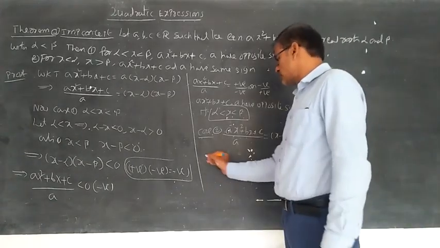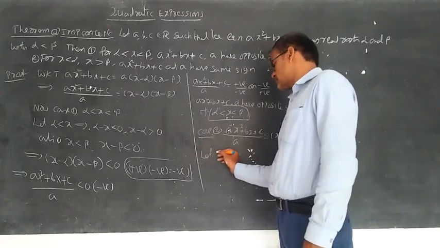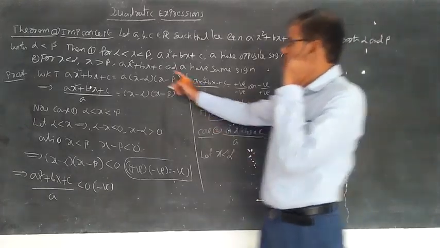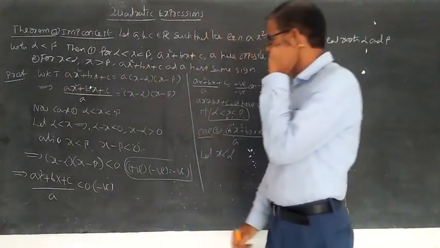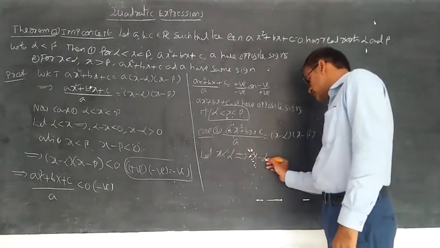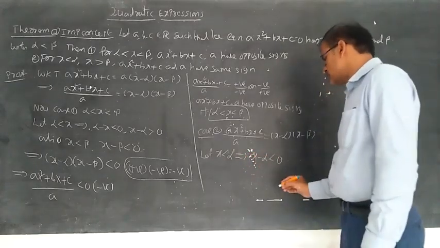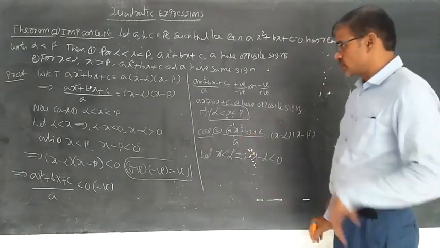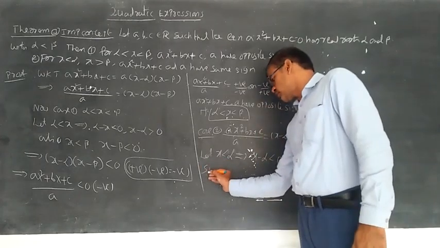Now among this, we can write, otherwise, let x be less than alpha. Whenever x is less than alpha, you can understand x minus alpha is less than 0. Keep that aside.